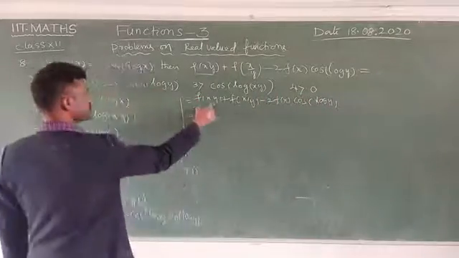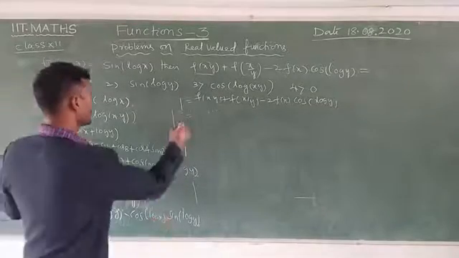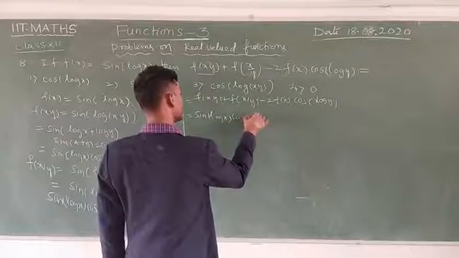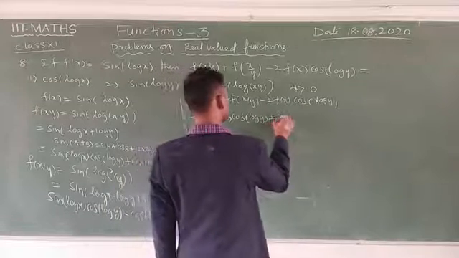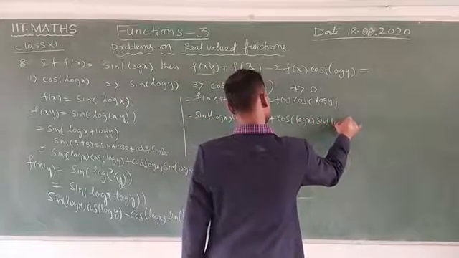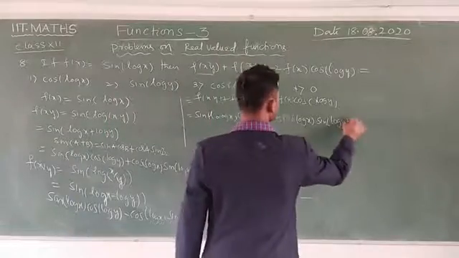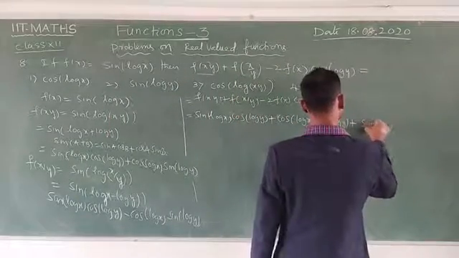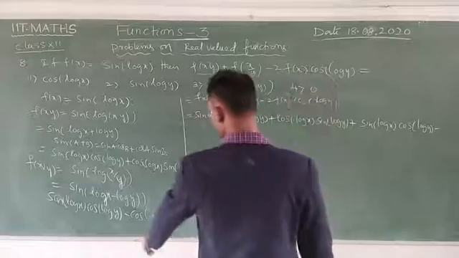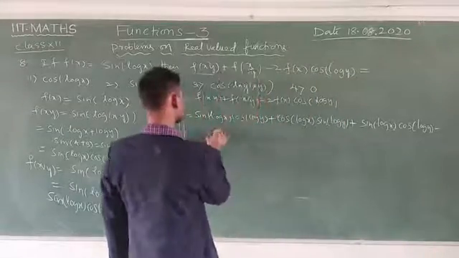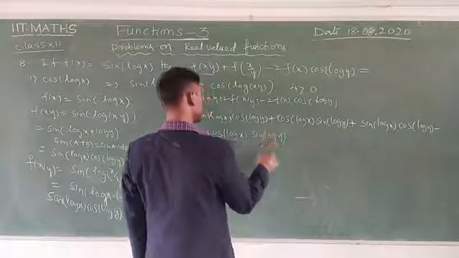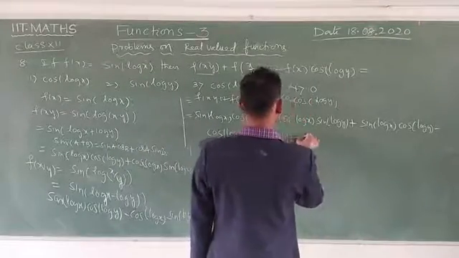Now we know that f of xy is equal to sine of log x into cos of log y plus cos of log x into sine of log y, plus here x by y value, sine of log x into cos of log y minus cos of log x into sine of log y, plus minus 2 times f of x.